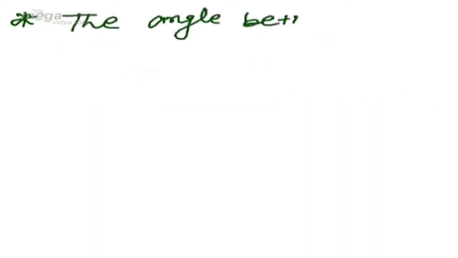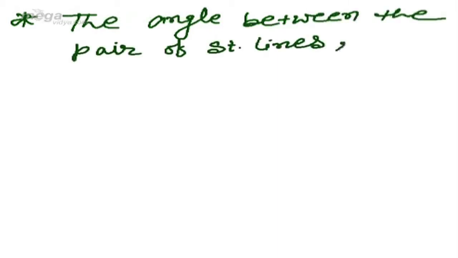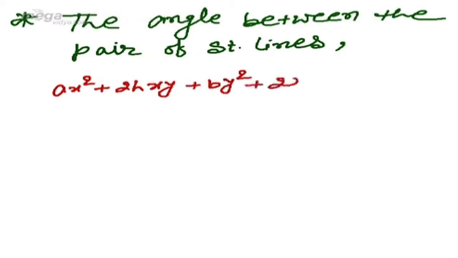In this situation, consider the angle between the pair of straight lines whose equation is given as ax square plus 2hxy plus by square plus 2gx plus 2fy plus c equal to 0.